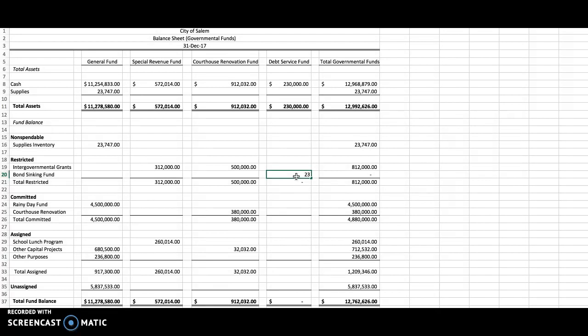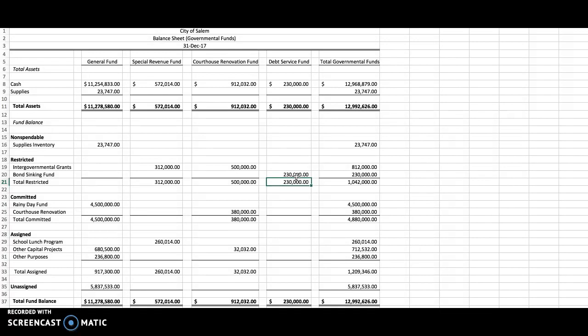And this will go into bond sinking fund. And if that's the only source of that part of the debt service fund, you've got $230,000 in cash. You also have $230,000 restricted to the bond sinking fund. Notice then that we now have a balancing modified accrual basis balance sheet.